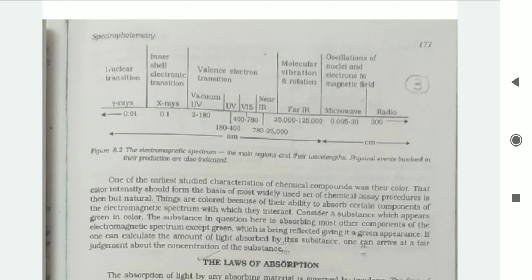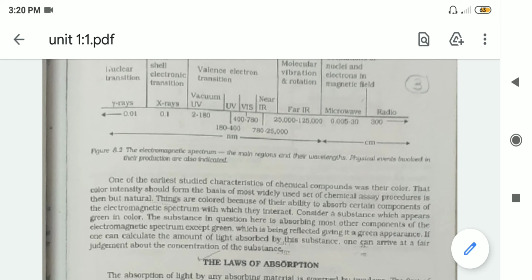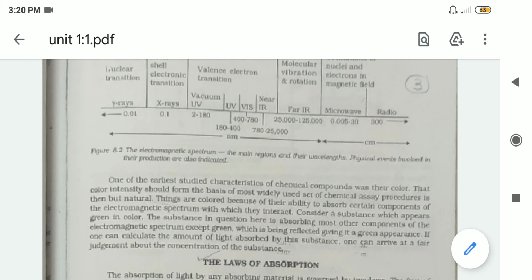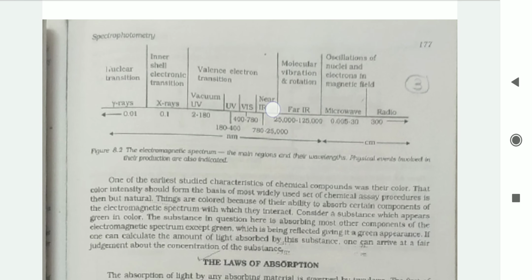It is in the range of 400 to 800 nanometers. Sometimes it is referred to as 800, sometimes as 780 nanometers, so in different books you will find it different, 720 or 800. Then comes the infrared.